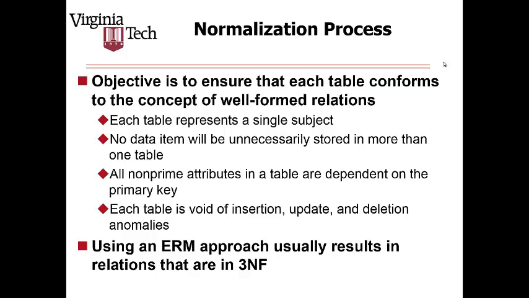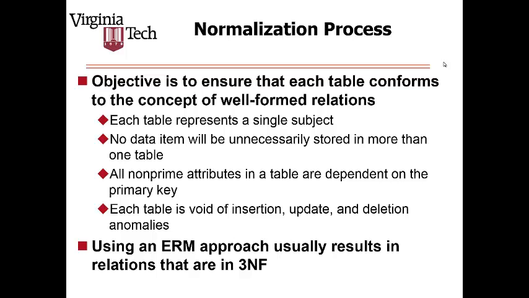Well, the normalization process is to ensure that our data are all dependent upon the key. That's our primary mission. The mantra for normalization is every non-key attribute must be fully functionally dependent upon the key, the entire key, and nothing but the key.